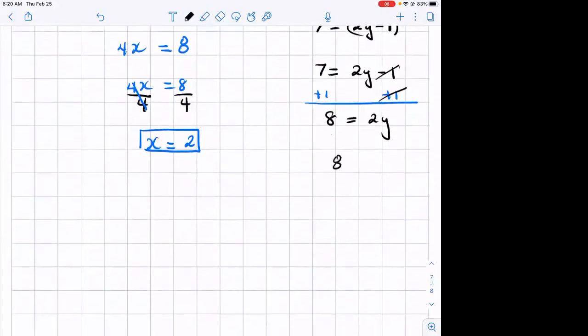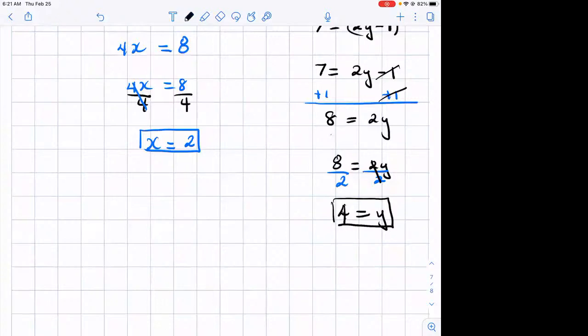And I can now divide both sides by 2, and that will give me 8 divided by 2 is 4, and the 2 divided by 2 becomes 1y, and I'm able to find y. So we are able to solve for x and y using this idea.